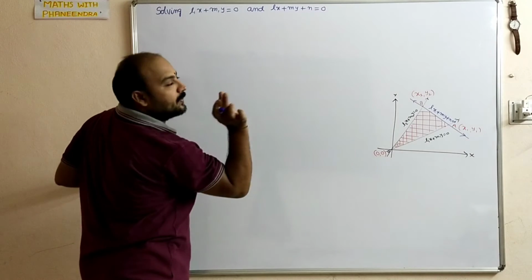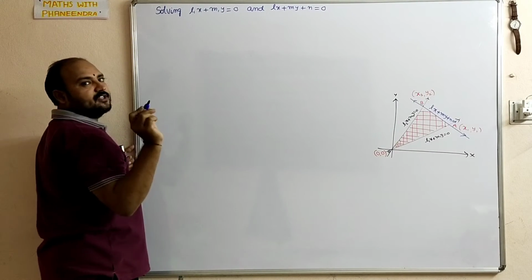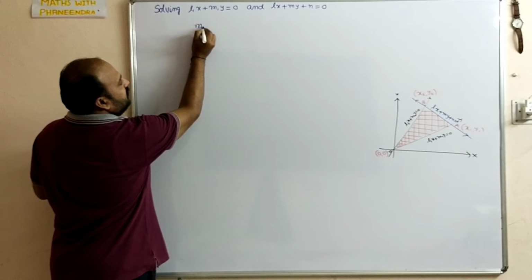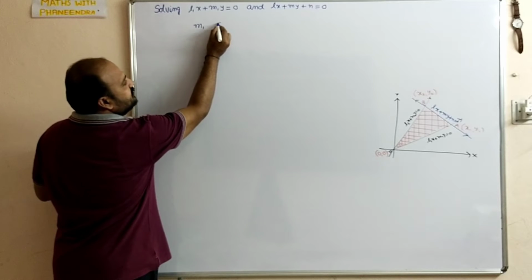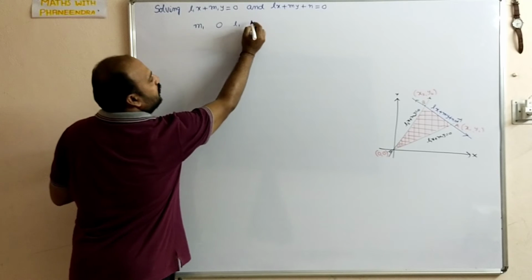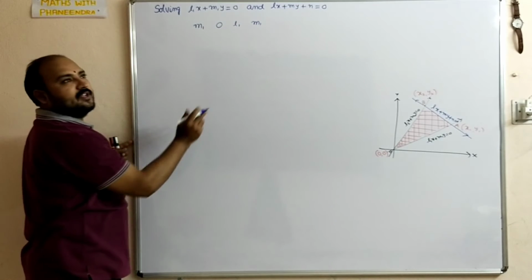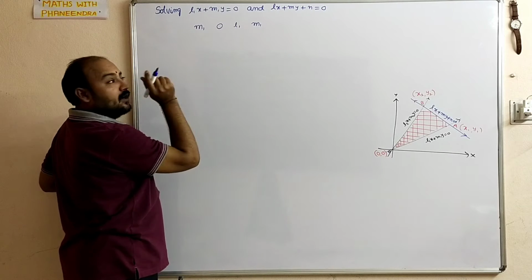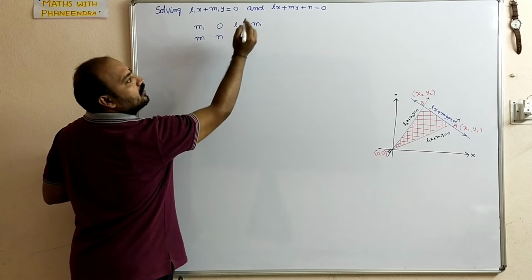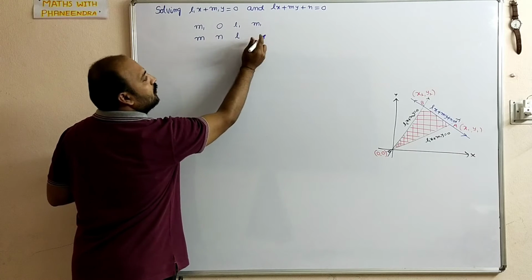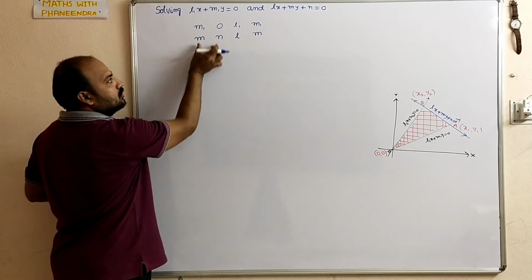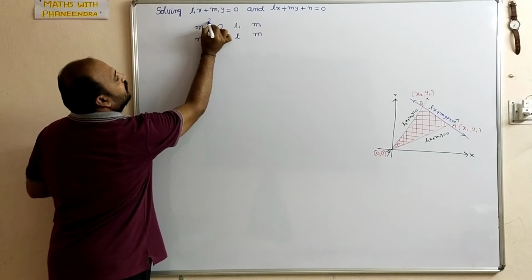By using the cross multiplication method, first you have to write the y coefficient m1, after that constant 0, next x coefficient L1, again y coefficient. In the second equation, write y coefficient m, constant n, x coefficient L, after that again y coefficient. In between the first 2 columns, you can write x1.